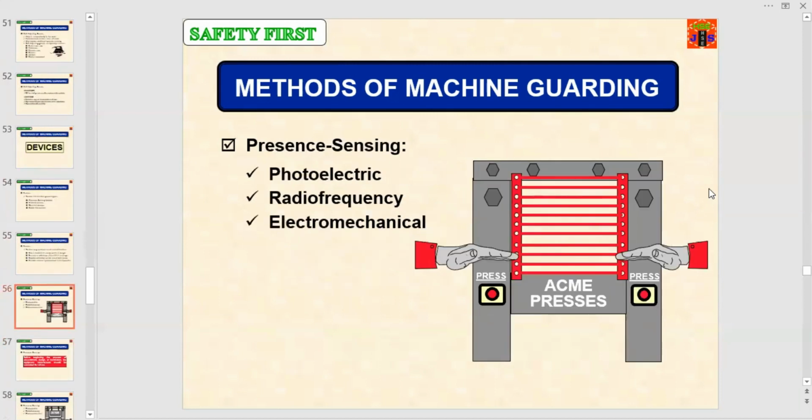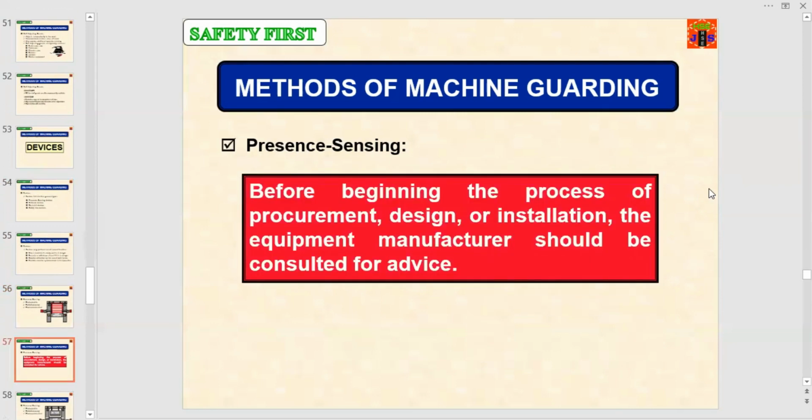Let us discuss the usage of presence sensing for photoelectric, radio frequency, and electromechanical devices. Remember, before beginning the process of procurement, design, or installation, the equipment manufacturer should be consulted for advice.